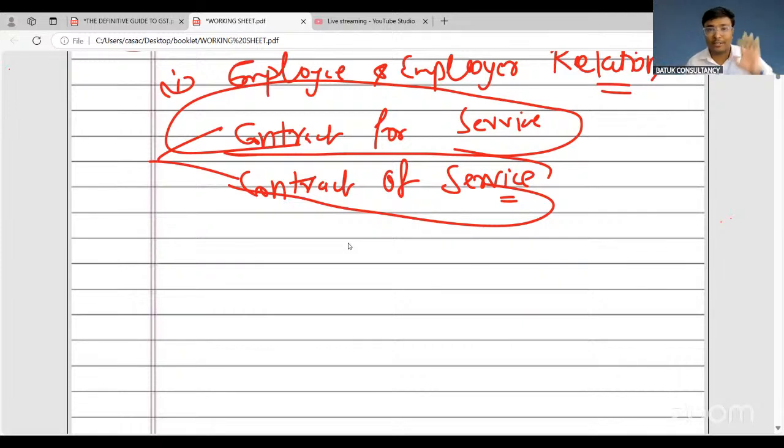That is called contract for service. Both are principal. And in contract of service, one is principal, the other is the employee. So for determination of applicability of GST, we just need to focus on these two specific terms.